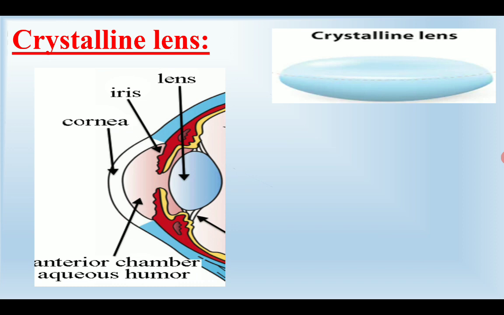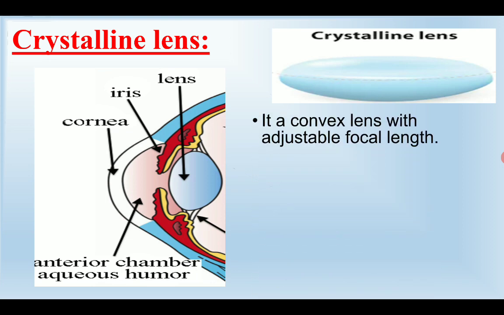We discussed the cornea, the iris, the pupil, and the aqueous humor. The next one is the lens, which is attached to the ciliary muscles. The eye lens is a convex lens and we can adjust its focal length, expanding or contracting it, decreasing or increasing it, with the help of the ciliary muscles.